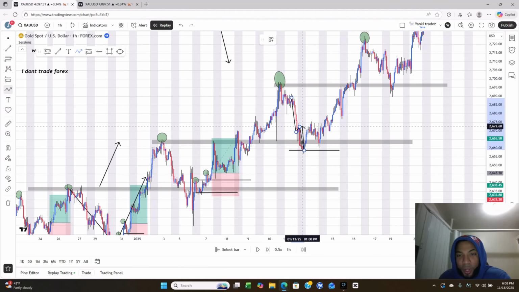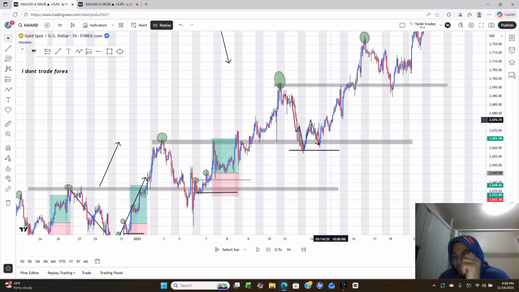Broke this swing low, out of session. Boom. In the New York session it came to this level, right? And look what happened, the same thing that happened earlier. Okay, I'm going to explain it to you.